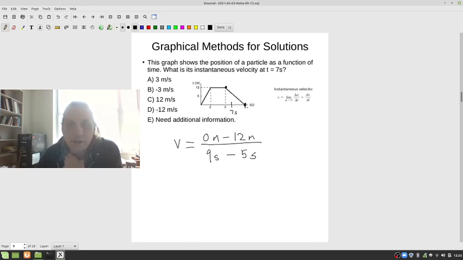Okay, now you might be saying to me, Cordall, that looks to me like the average velocity. You're right, it is the average velocity, but if you are not accelerating, your average velocity and your instantaneous velocity can be the same.